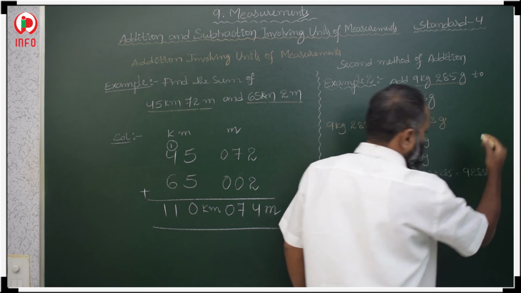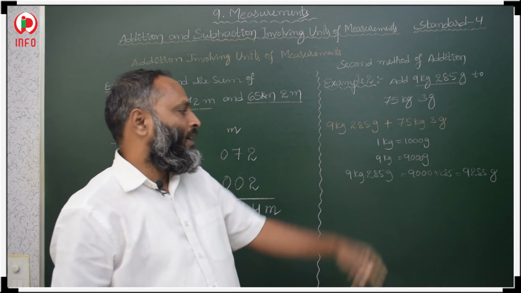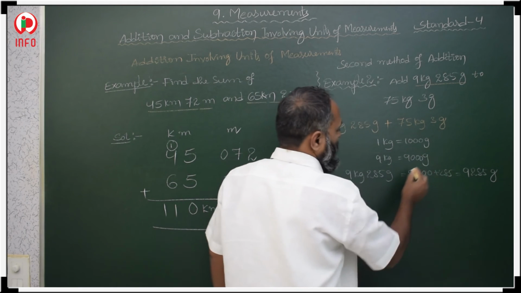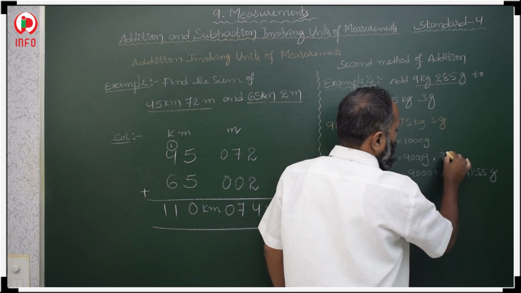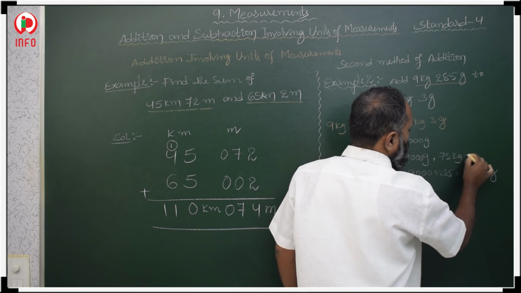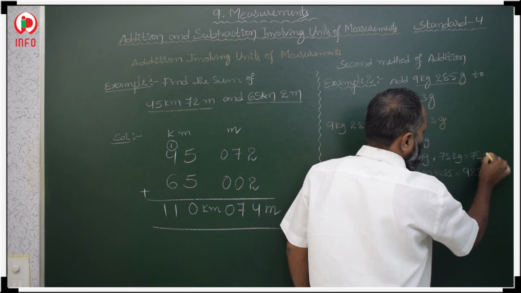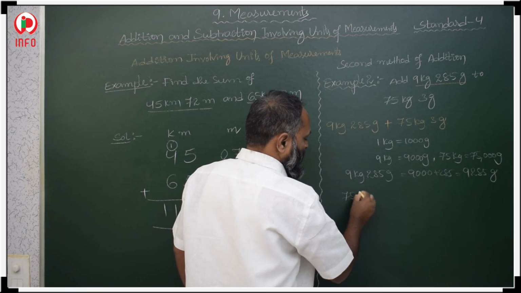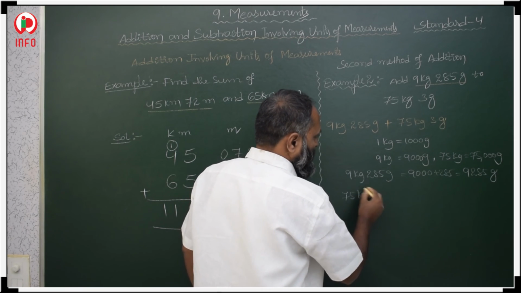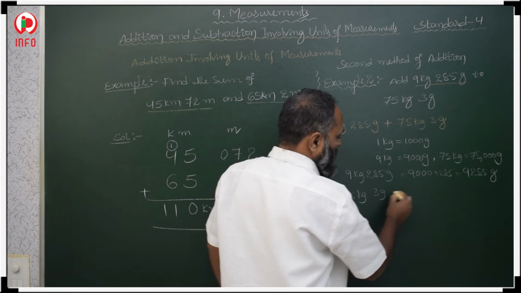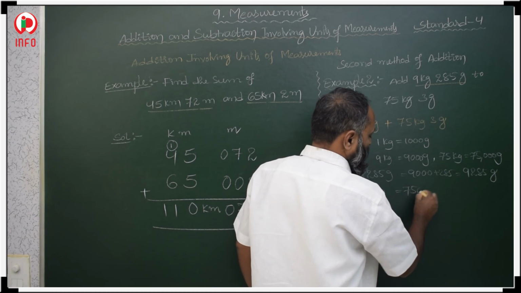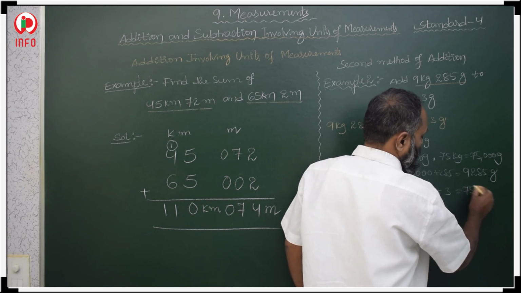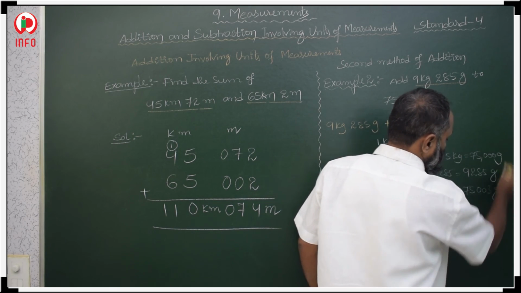that is 9285 grams. First we should convert kilograms and grams into grams. In the same way, 75 kg is how many grams? 75 kg is equal to 75,000 grams. Now the second one, 75 kg 3 grams, that is 75,000 plus 3, that is 75,003 grams.